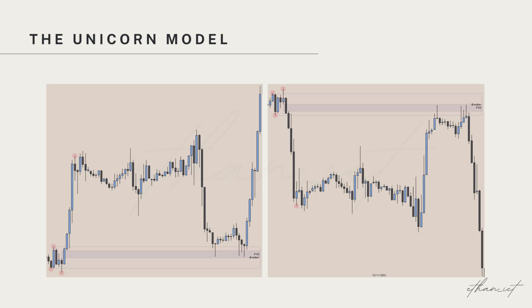In this slide, I annotated where the fair value gap is nested within the breaker block. Once again, the pink box highlighting the breaker block and the gray box highlighting the fair value gap. So in our bullish scenario, we have a low, a high, a lower low, and a displacement upwards of this higher high.